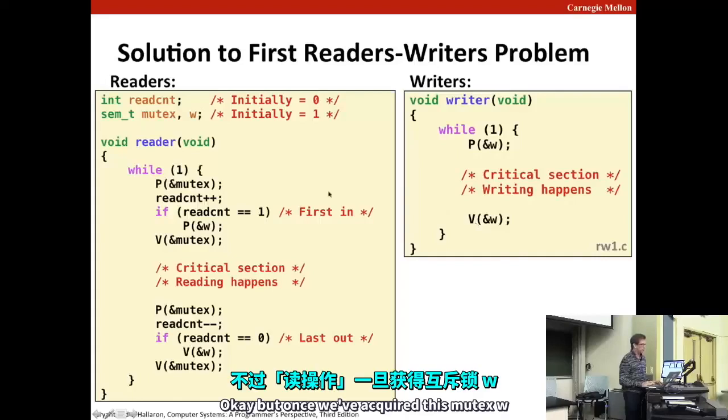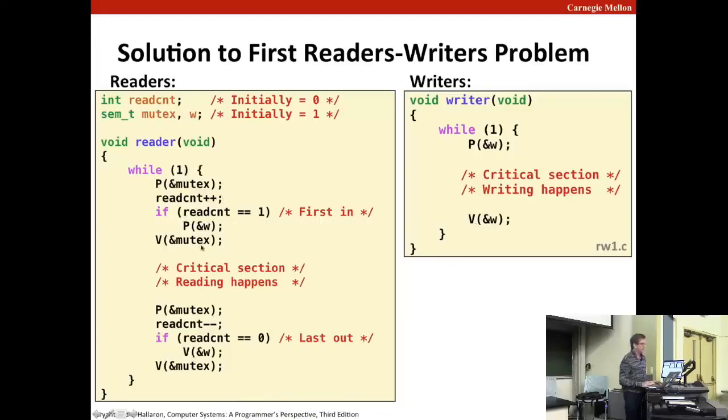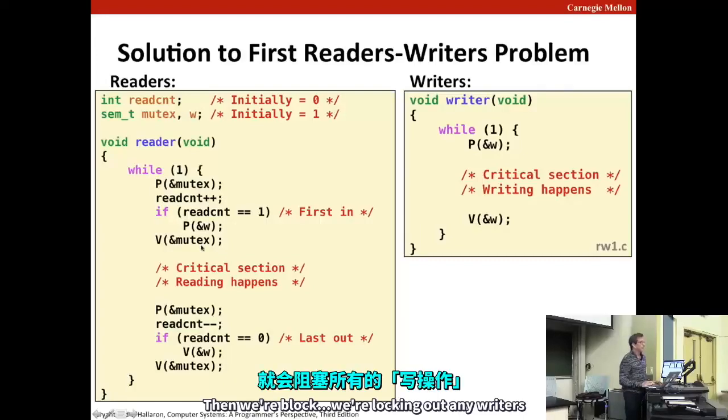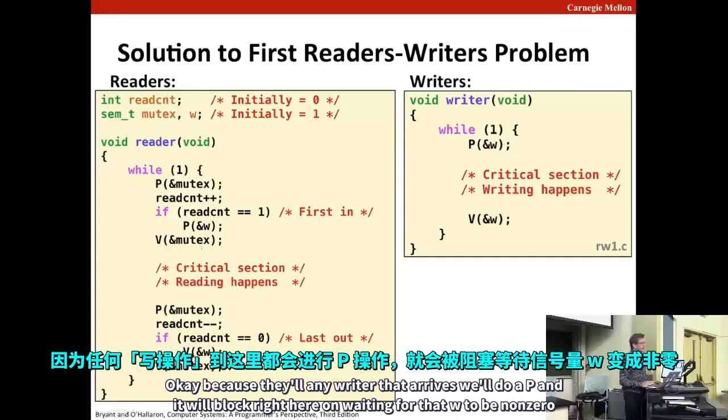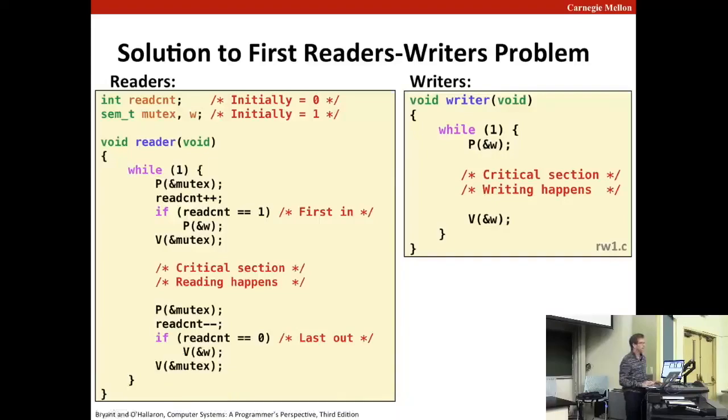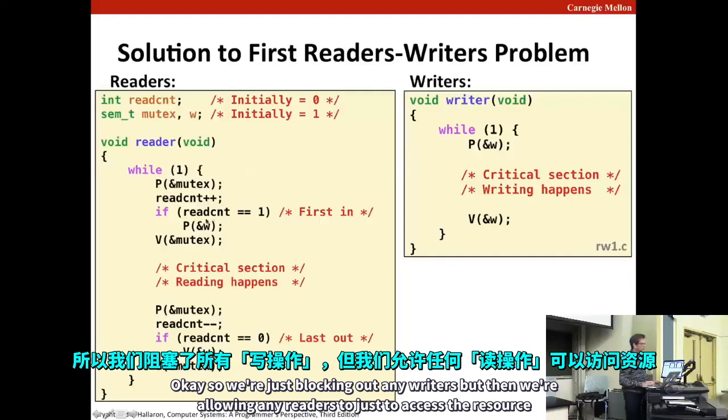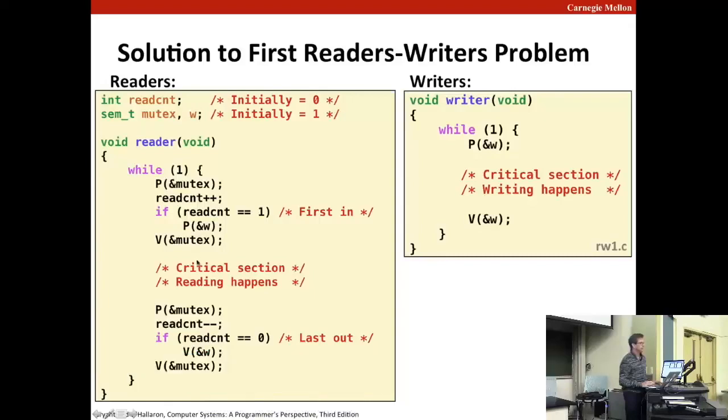But once we've acquired this mutex W, we're locking out any writers, because any writer that arrives will do a P and block right here, waiting for W to be non-zero. So we're blocking out any writers, but allowing any readers to access the resource. Okay. Good.